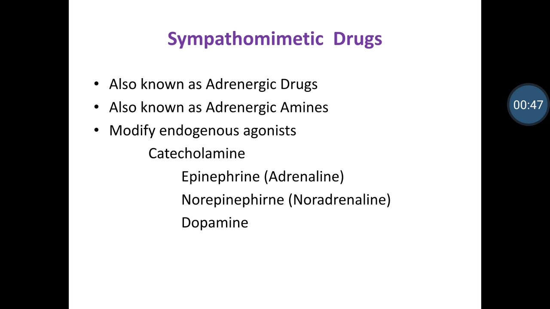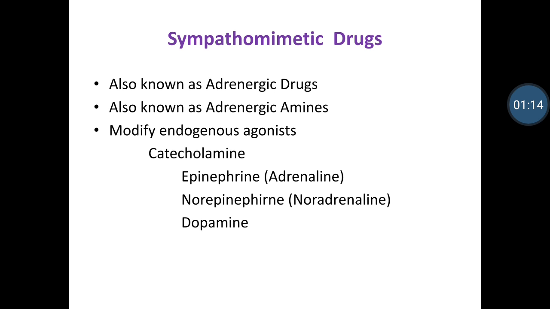Sympathomimetic drugs are also known as adrenergic drugs or adrenergic amines. Adrenergic drugs or sympathomimetic drugs are the substances that modify the action of endogenous agonists of the sympathetic nervous system.